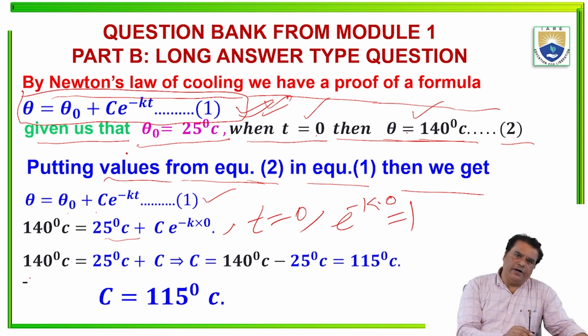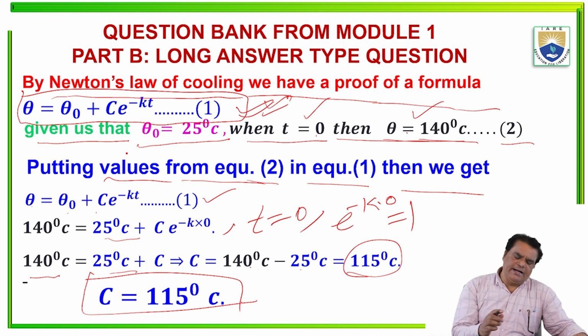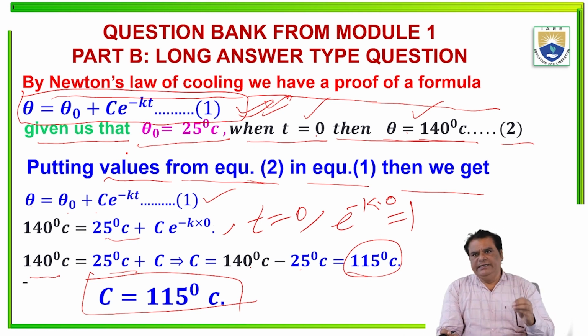So 140 degrees equals 25 degrees plus c into 1. So c equals 140 minus 25, which is 115 degrees Celsius. We get the value of c here. C is the arbitrary integration constant.